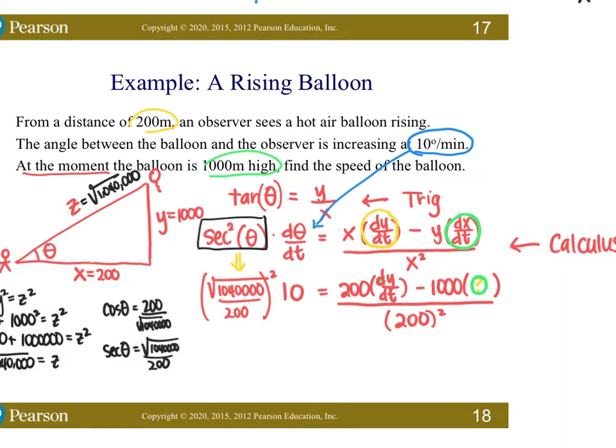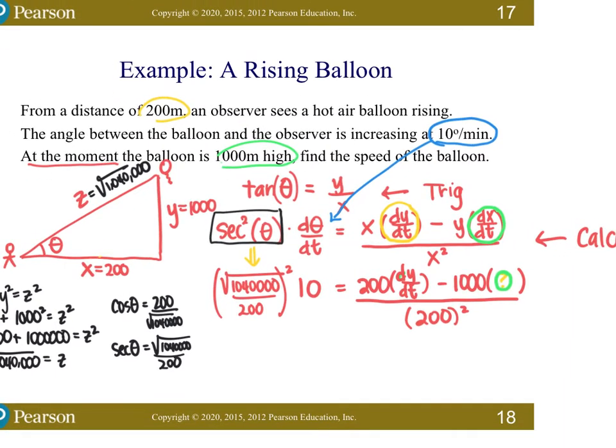Okay, whew, that was a lot. So now we're just going to clean this all up and simplify. Okay, we may need to cross multiply a little bit. So on the left side, I'll have 1,040,000. Oh, there we go. That's all my zeros. So I squared it and I multiplied it by 10 over 200 squared.